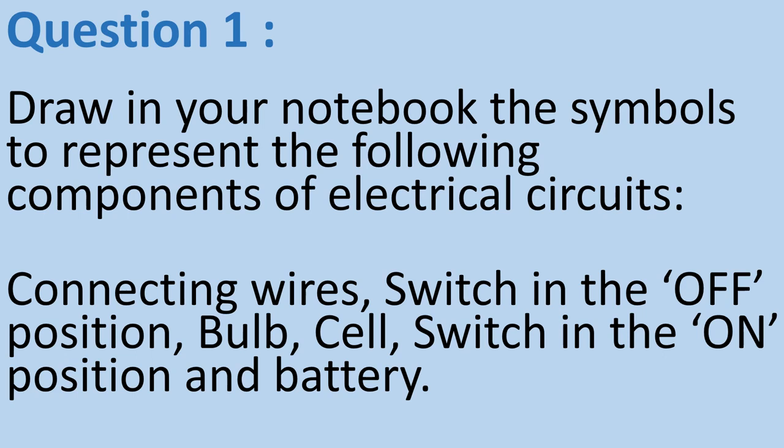Question number 1. Draw in your notebook the symbols to represent the following components of electrical circuit: connecting wires, switch in the off position, bulb, cell, switch in the on position, and battery.